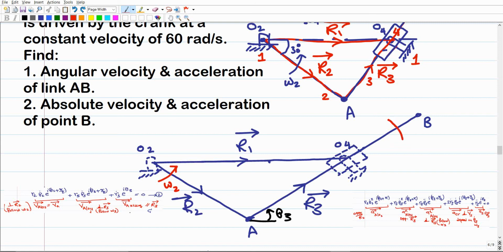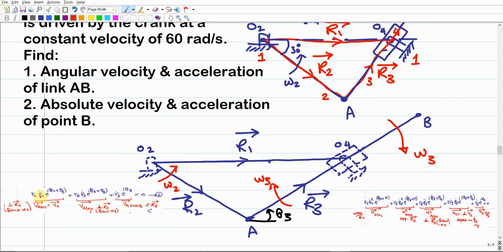It means that this part goes down, but this one goes up, right? It rotates in this direction. So this is the omega 3 direction that we got. Make sense? And the same direction applies to the slider. So this is for this length AB.